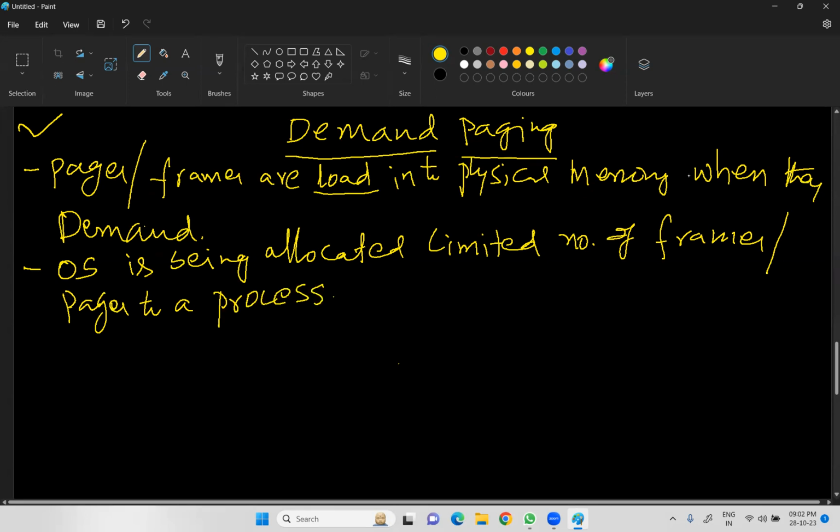As I said just before, 200 frames are required for the execution of your process, but all 200 cannot be allocated for you.